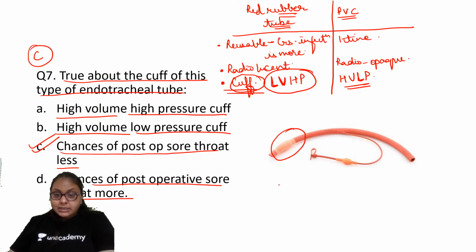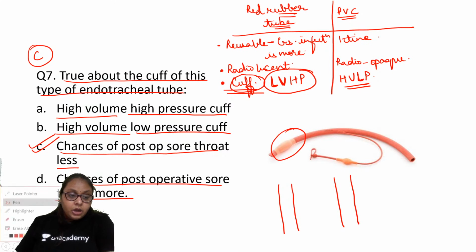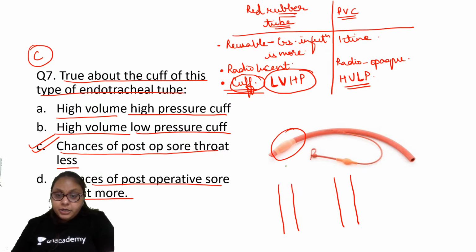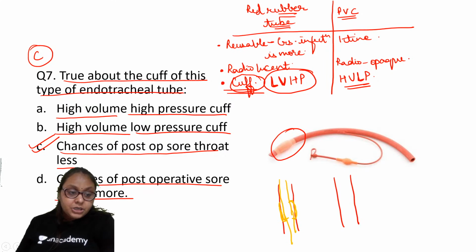Now imagine this is the trachea. Now I'm inserting a red rubber tube in this. When I'm inflating the cuff, it is a high pressure, low volume cuff.